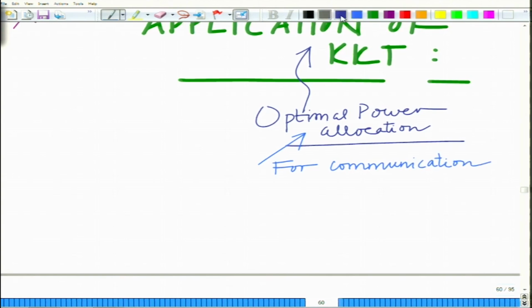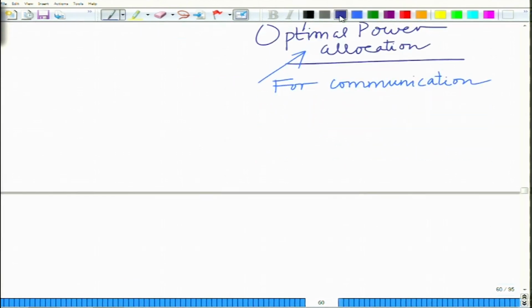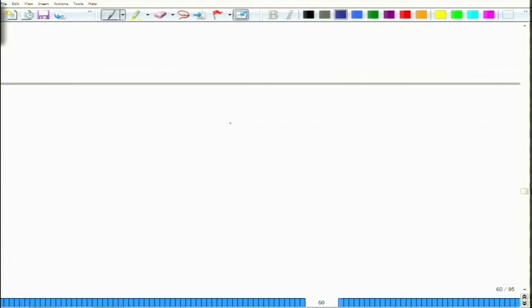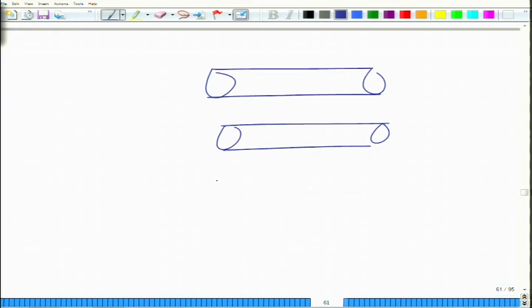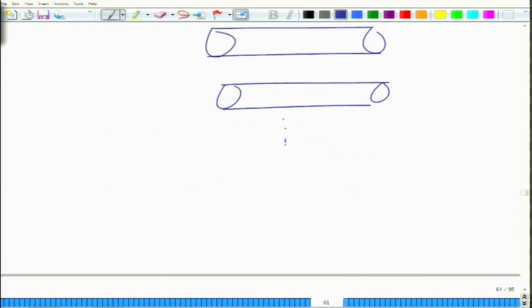Now, what happens in communication is that frequently you have a set of parallel channels. You have a set of parallel pipes, one can think of this, and so you have channel 1, you have channel 2, and so on and so forth.